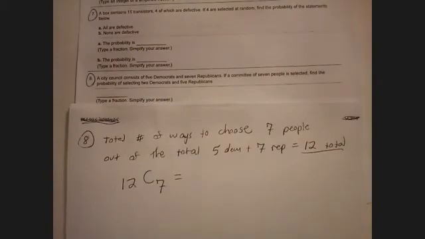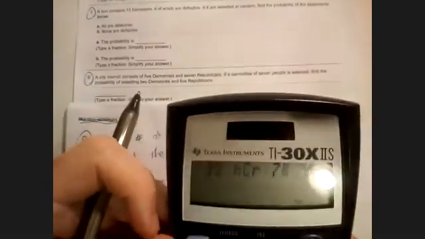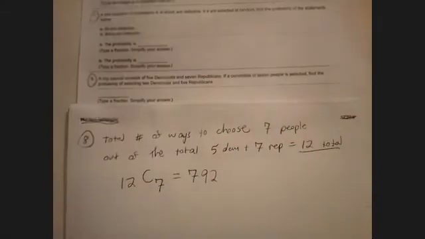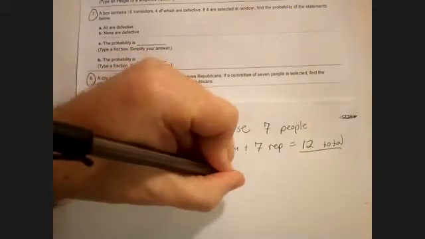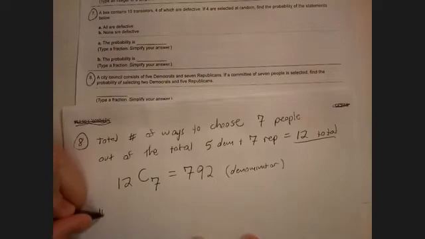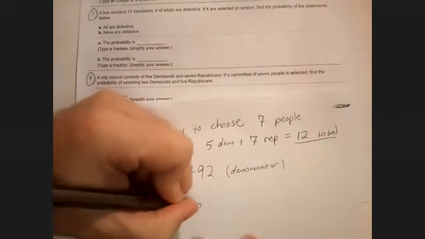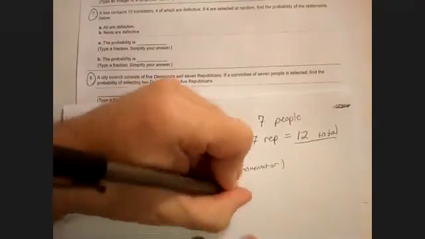Okay. So 12 choose 7. If I type that in, I get 792. That's our denominator. Now the question is, this particular committee needs to have 2 Democrats and 5 Republicans. How do we choose the 2 Democrats and 5 Republicans?